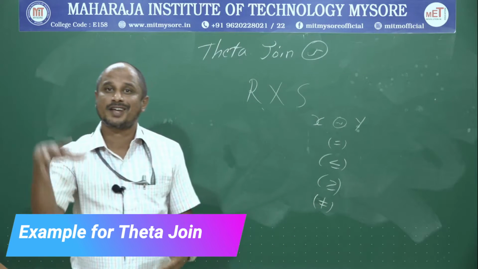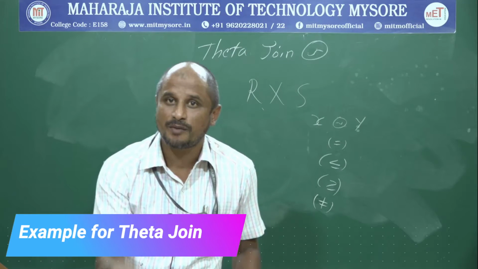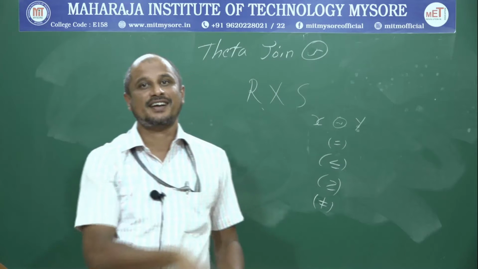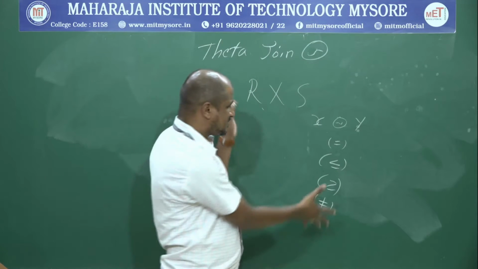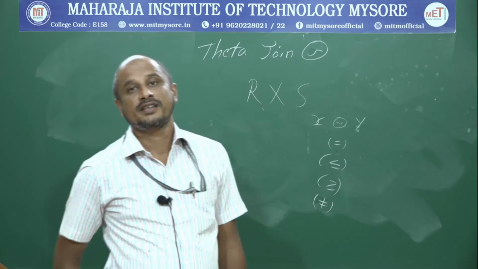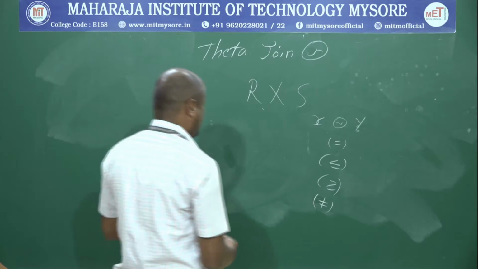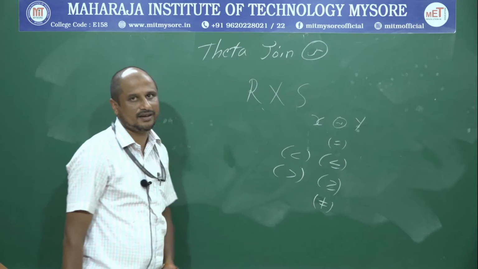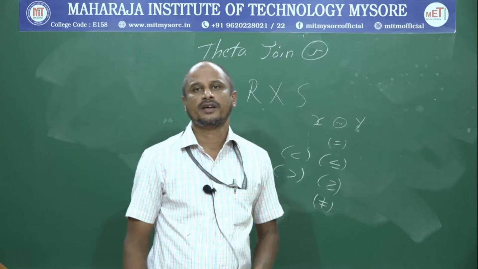These are the operations that can be applied between two attributes specified from the relations R and S. Okay, this is theta join, or it may be less than or greater than.